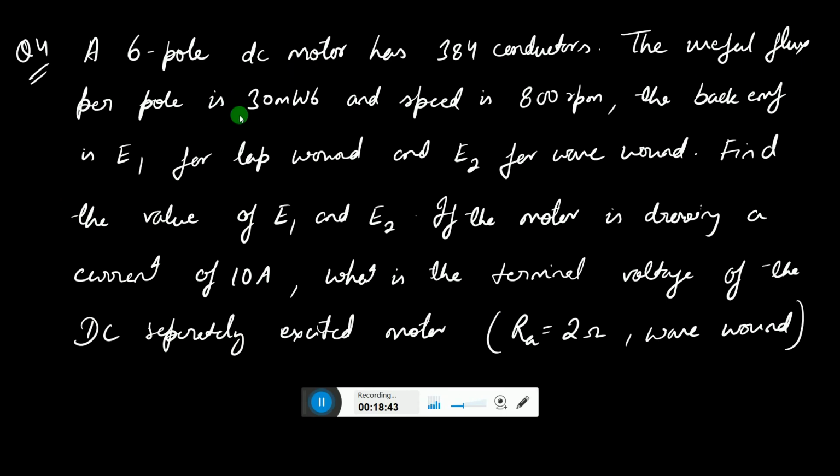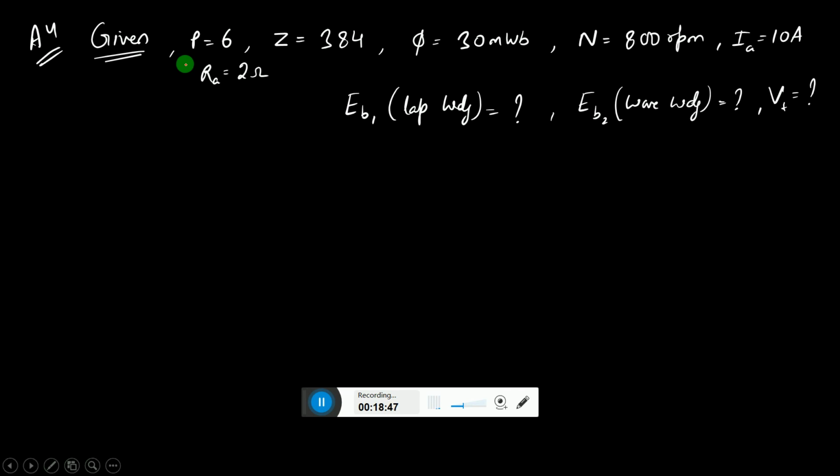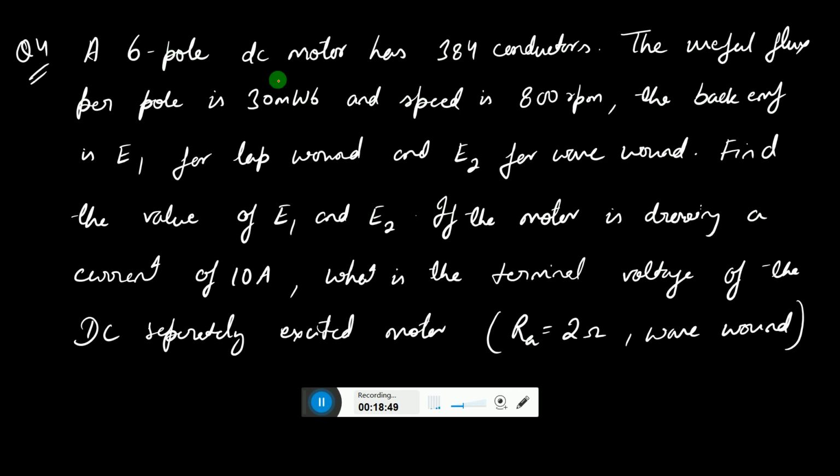The next problem given to us is a 6-pole DC motor. The number of poles P is 6. It has 384 conductors, named Z. The useful flux is 30 milliwebers.